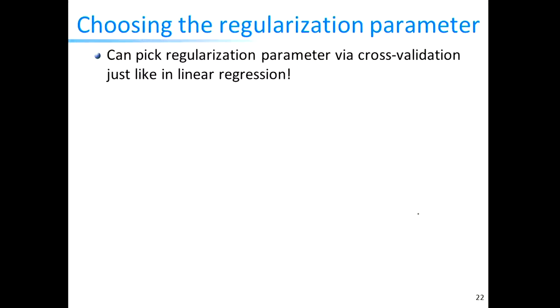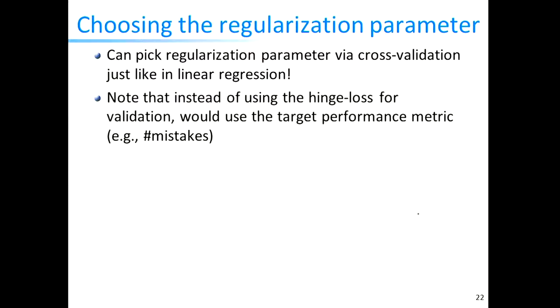So in the training set, you fit, say, the SVM or the perceptron on the training folds, and then on the validation folds, you actually calculate the number of mistakes, the 0-1 loss. That's easy to do because you don't have to optimize it. It's just a number that you compute. Okay, so that's a slight subtle difference that I just wanted to point out.